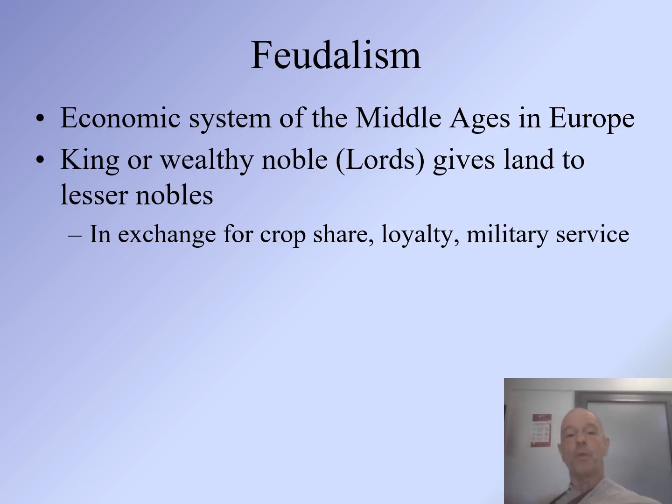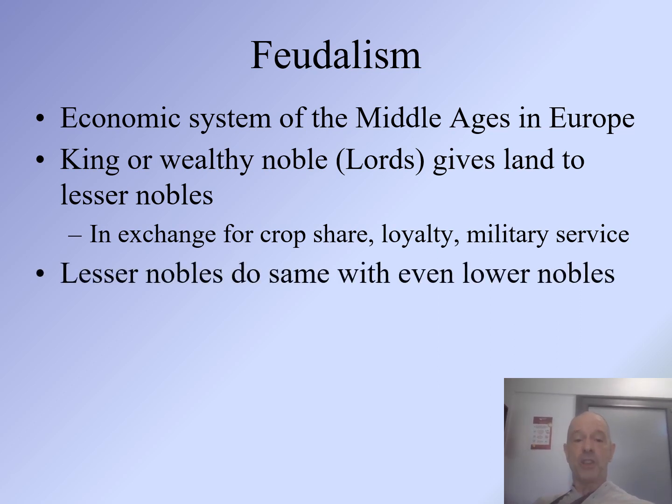And that's an arrangement that works for the wealthy noble at the top, but also for the lesser nobles that still get control over their own territory. But even dividing from here to the Dubai Marina in half, that's a lot of land. So that next noble would divide up the land that he got from the top noble and make the same arrangement.